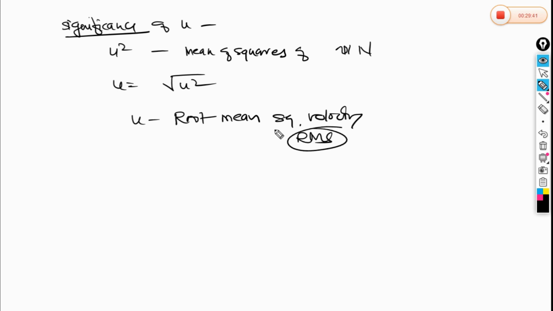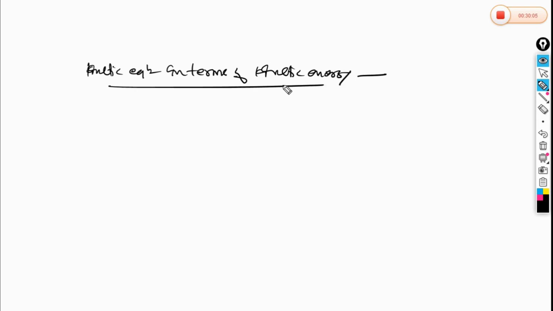Now we have to see the kinetic equation in terms of kinetic energy. If n is the number of molecules in a given mass of gas, then we have the kinetic gas equation as PV is equal to 1 by 3 mn u square.